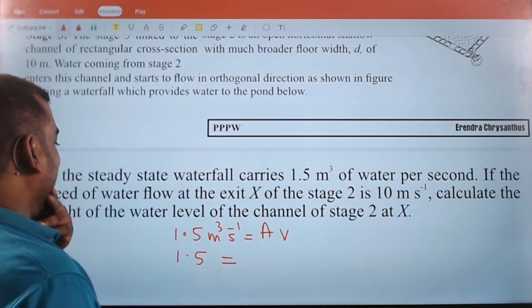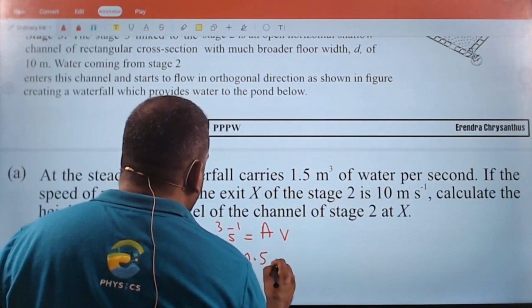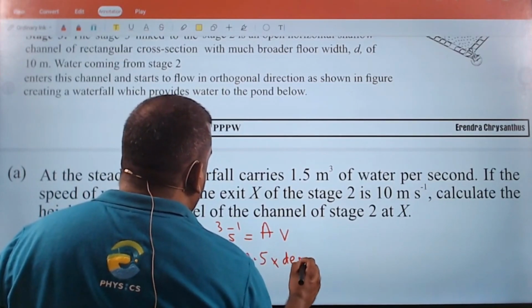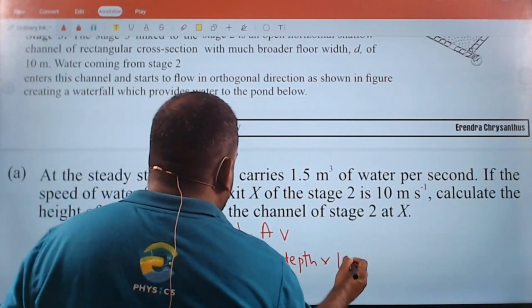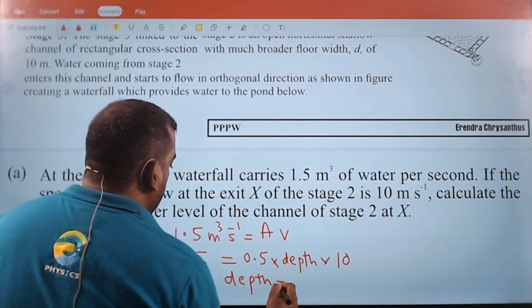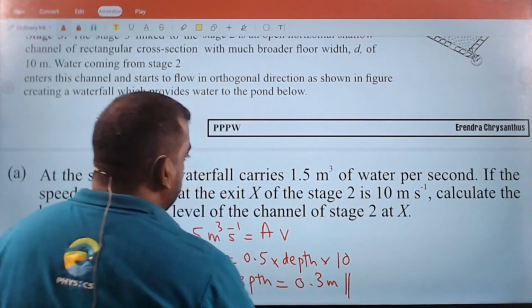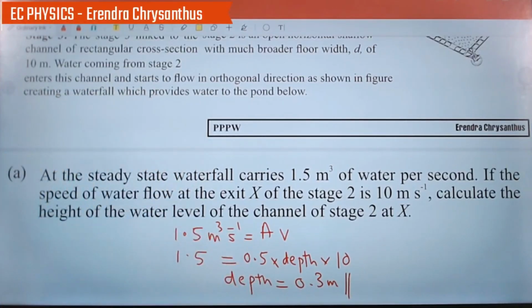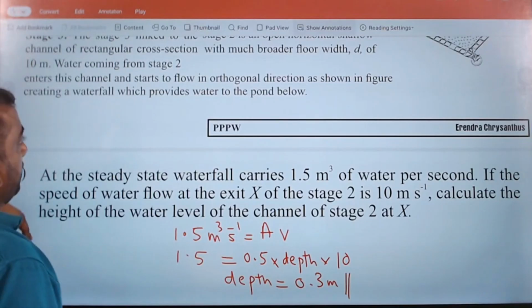Cross-sectional area: width is known, 0.5, depth we don't know, velocity is 10. Depth is equal to 0.3 meters. Depth is equal to the depth of water, height of water is 0.3.